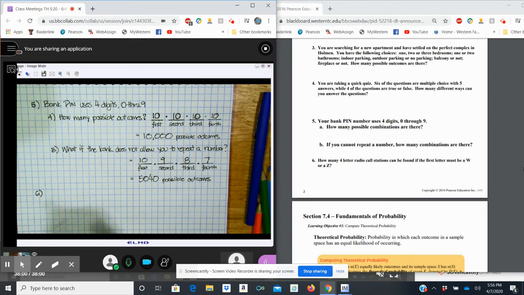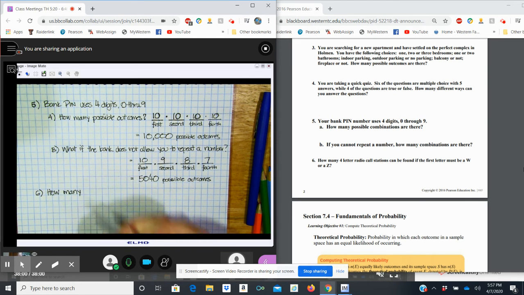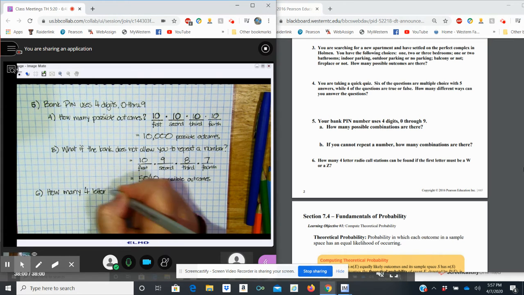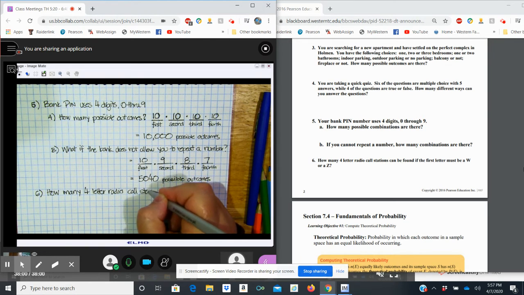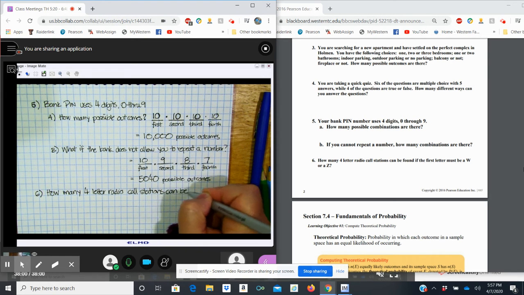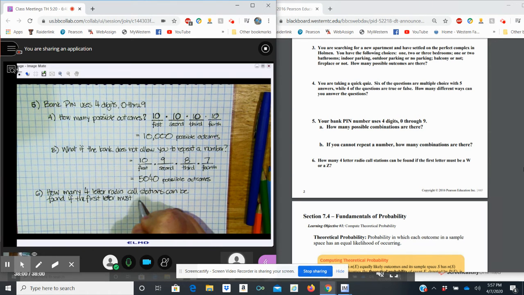All right, here's one. So how many 4-letter radio call stations can be found if the first letter must be a W or a Z?